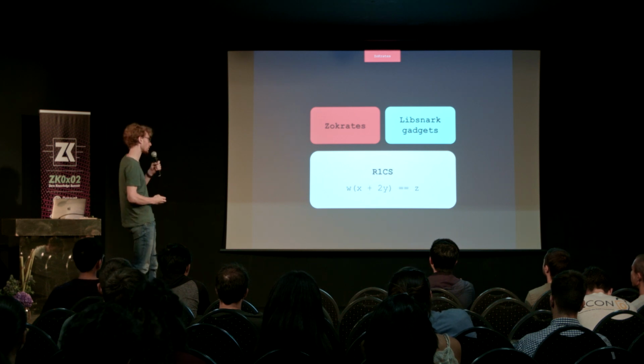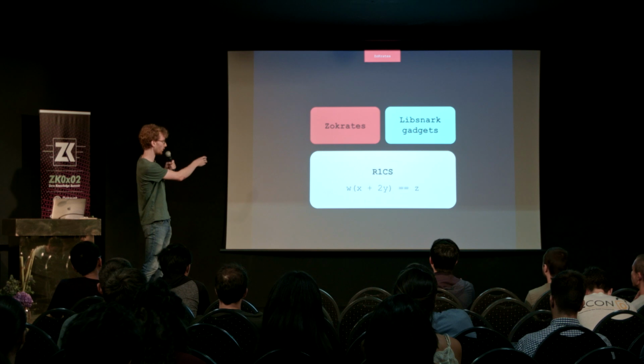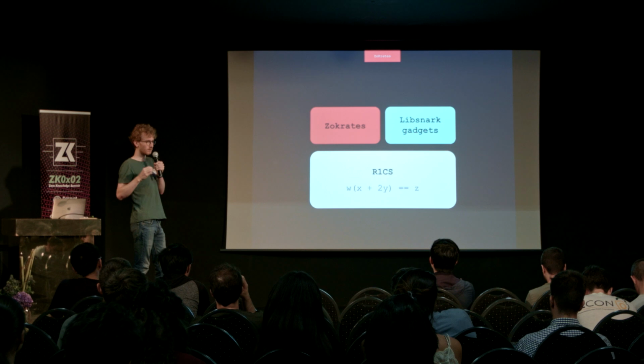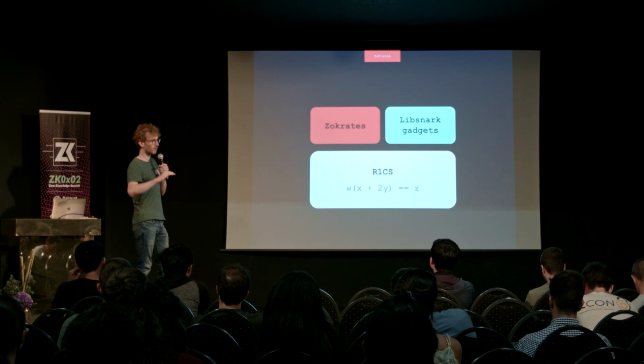And arithmetic circuits can be represented in this form called R1CS, or rank 1 constraint systems, which is actually pretty simple. It's just a list of so-called constraints, and each constraint is sort of an equation like this, where you can have one multiplication, so here W times this kind of product, and so only one, let's say on the left, and no multiplication on the right, and then the elements that you multiply need to be only linear combinations, like a sum of factors of your variables, right?